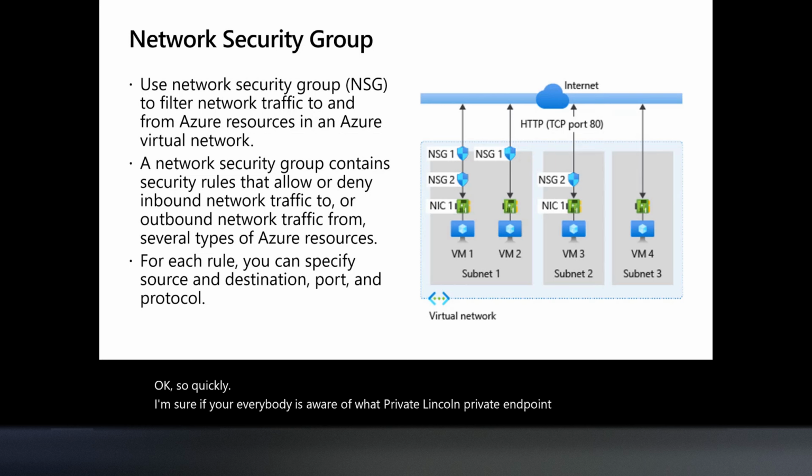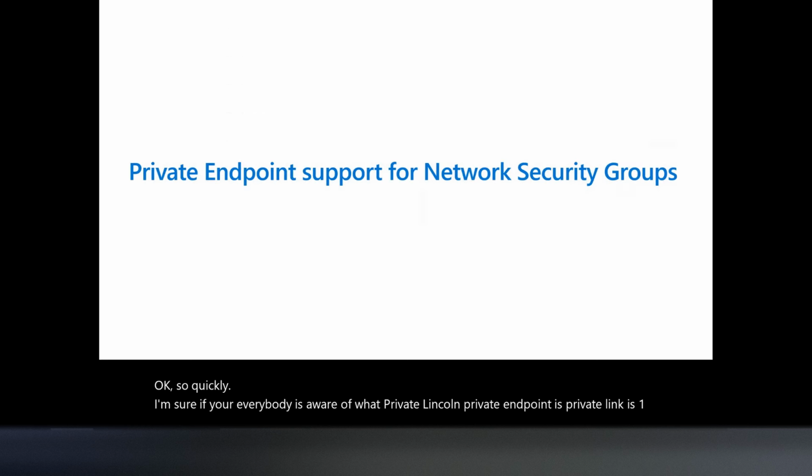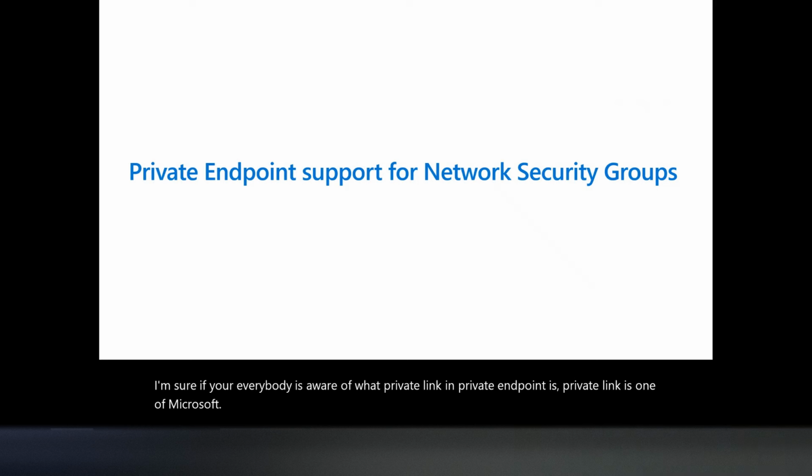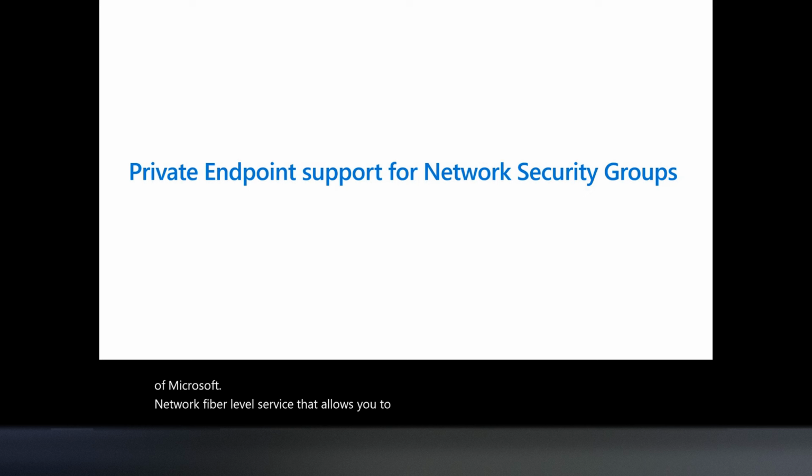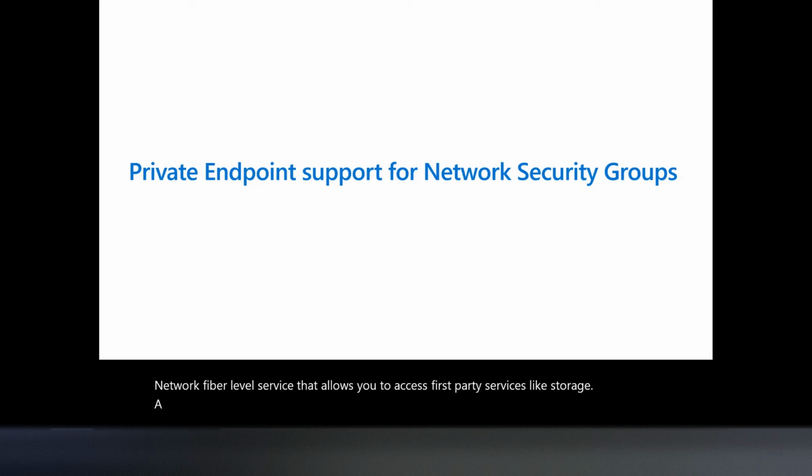Private link is one of Microsoft's network fiber level services that allows you to access first party services like storage, databases, web apps, or third party services over a private endpoint. So instead of going over a public FQDN or public internet or public IP, you go over a private endpoint.